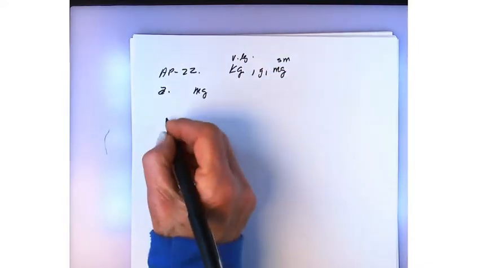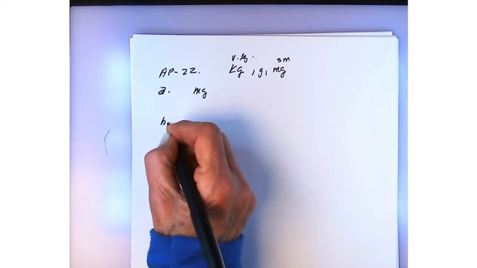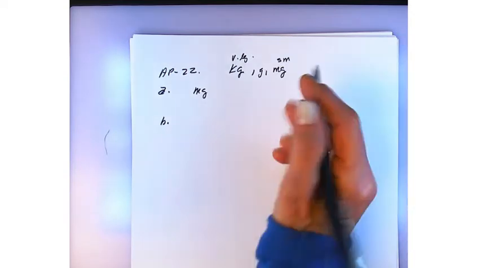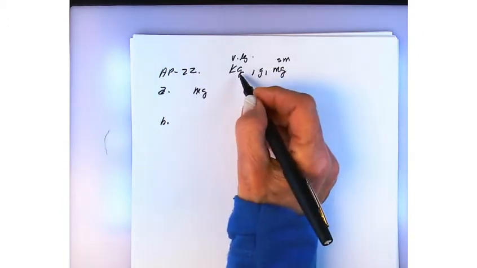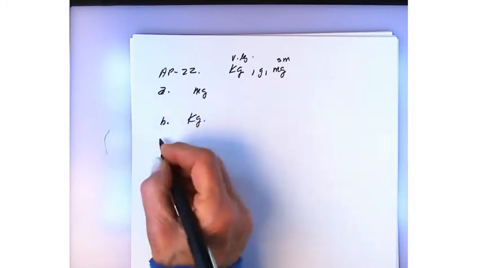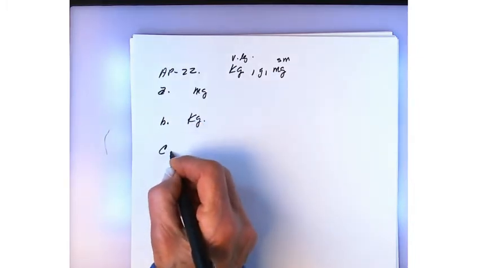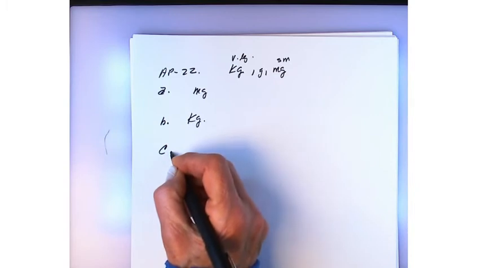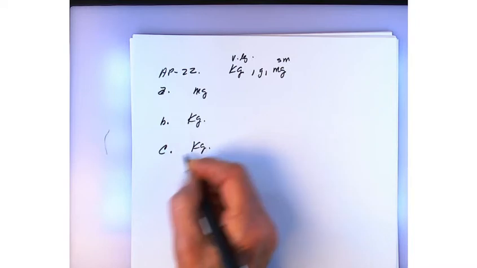Looking at B, a teenager weighs 50. Well, milligrams are way too small, and we want to choose kilograms, okay, in the pound area. Looking at C, a cast iron frying pan weighs about 1 kilogram.